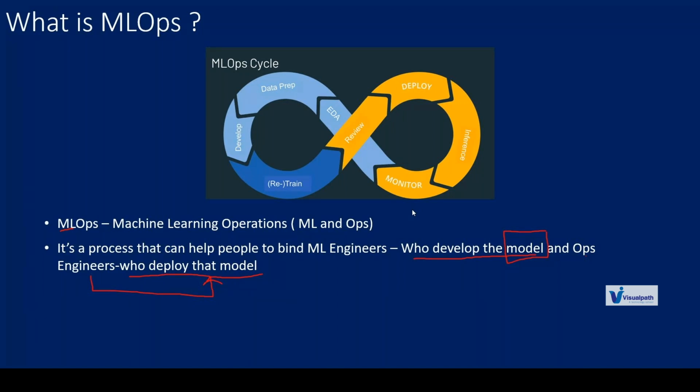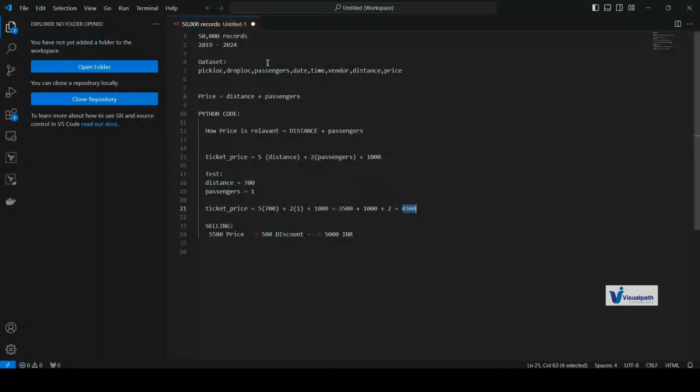The 50,000 records for the last 5 years were taken in the form of a data set. They wanted to look at how the price depends on the distance traveled and the passengers. They found that the ticket price they should offer is 5 times the distance plus 2 times the passengers plus some constant value.